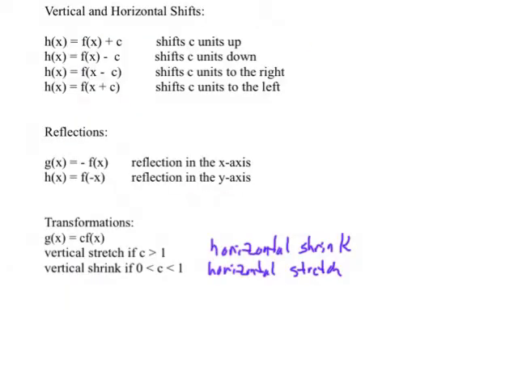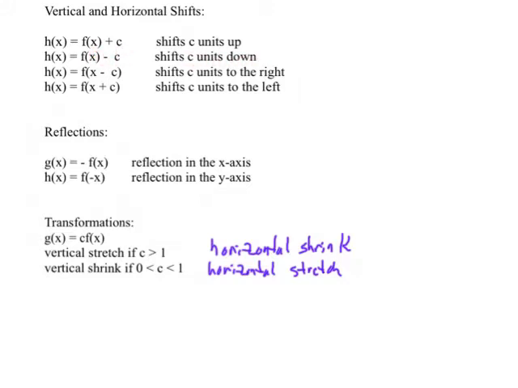In this slide, we're going to take those common functions and we're going to do some rigid and some non-rigid transformations on these functions. Now, let's just review this slide here for a second. If I take the function and I add a c value to it, it shifts it up. If I subtract a c value from it, it shifts it down.